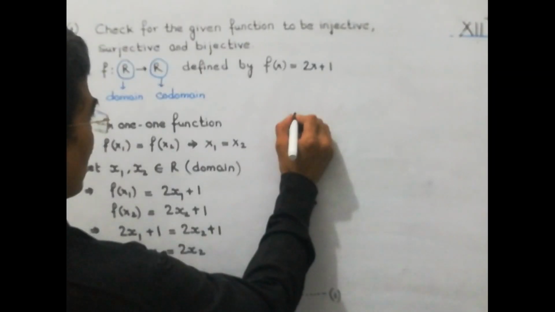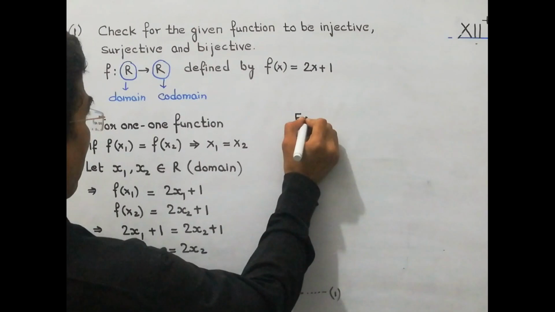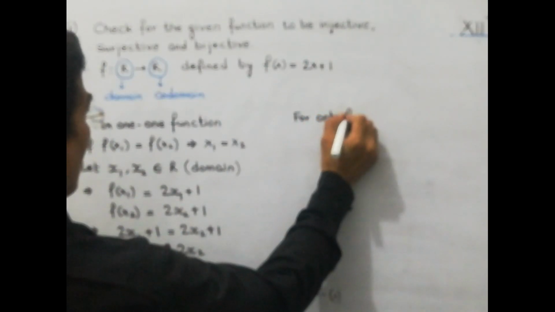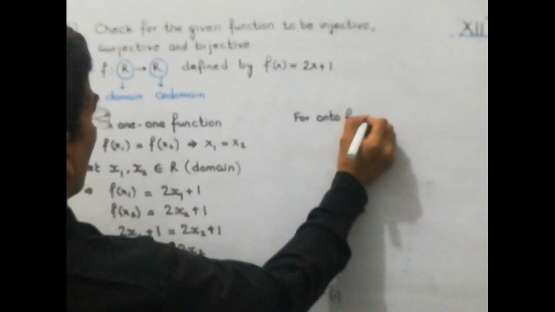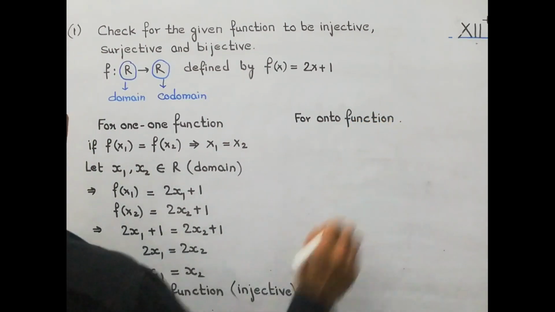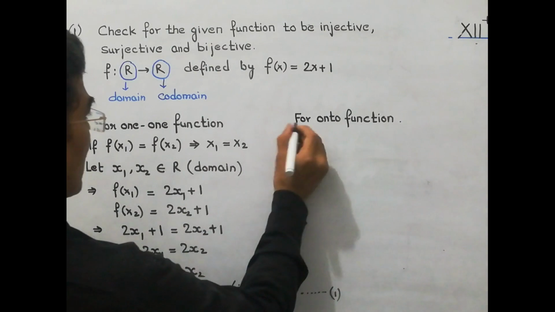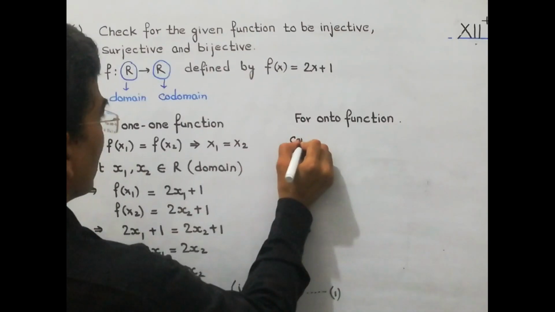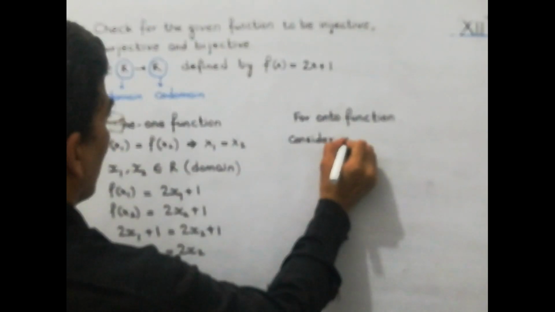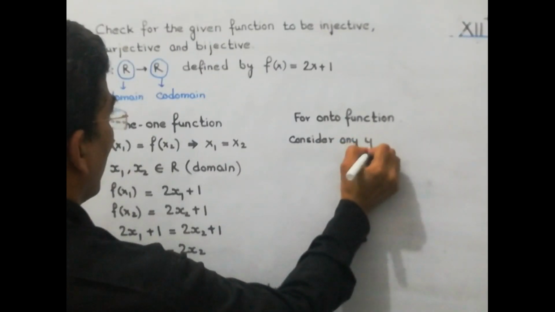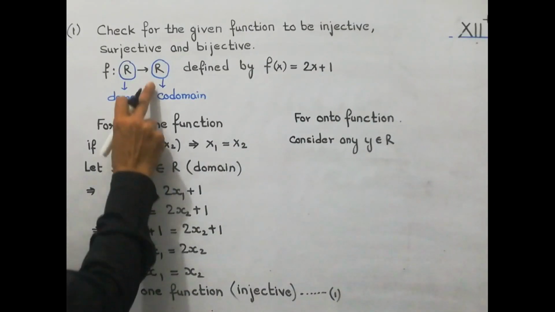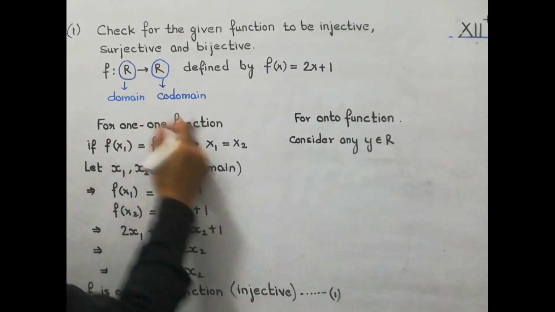So here you write, for onto function, you will consider any y belonging to R. You are considering y belonging to this R, that is the codomain.